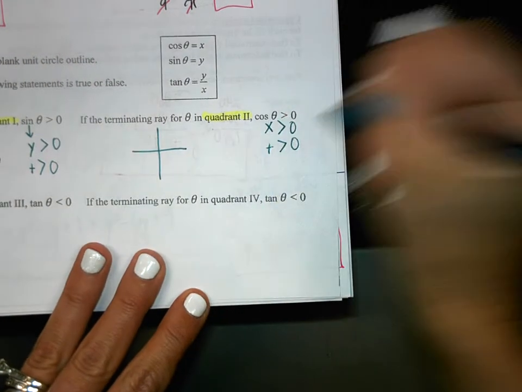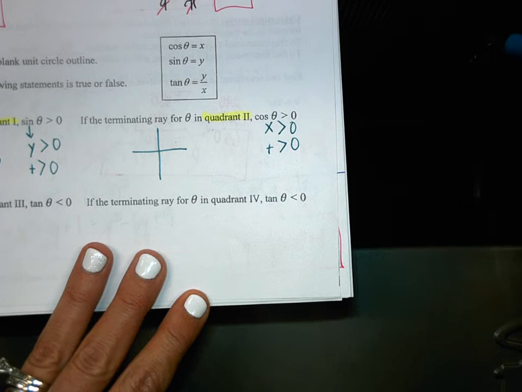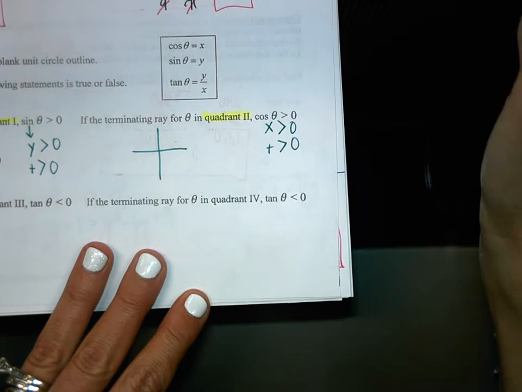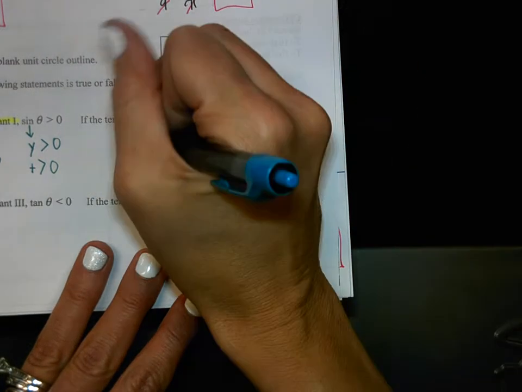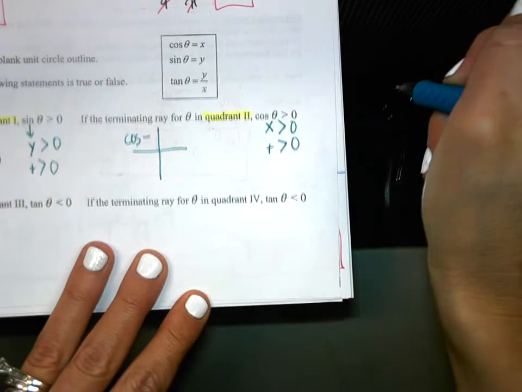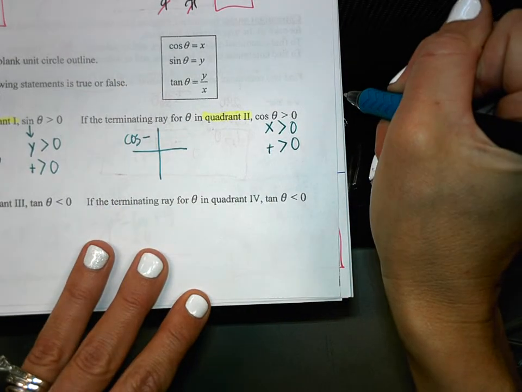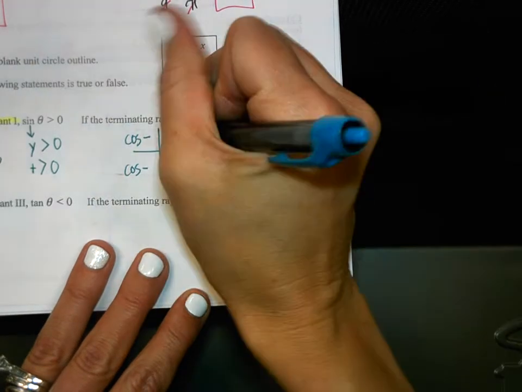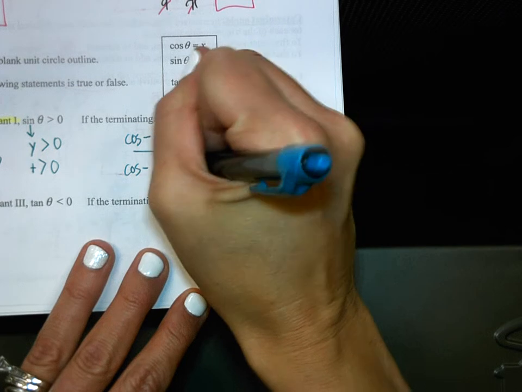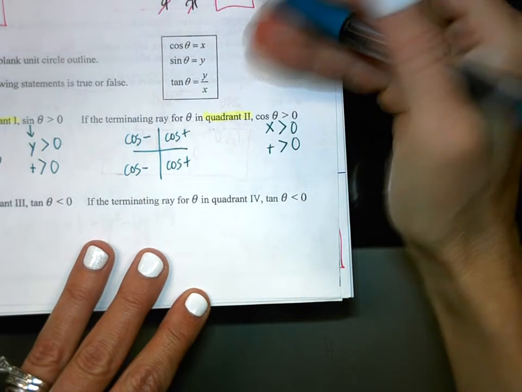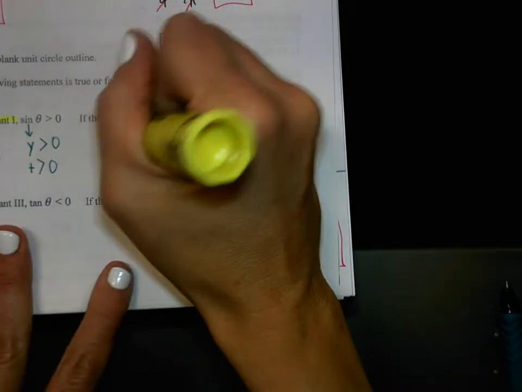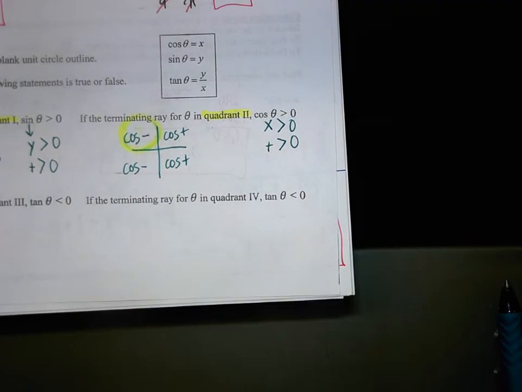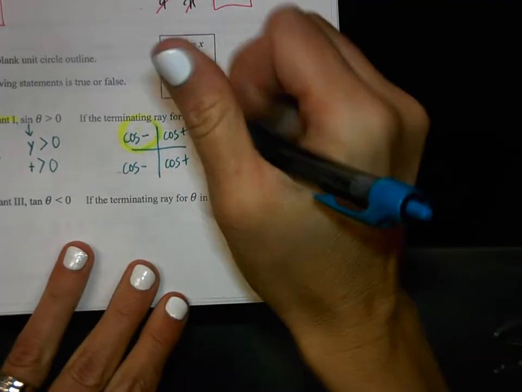Okay, so in quadrant 2, is cosine positive or negative? Negative. Very good. Cosine is negative here. Where else is cosine negative? Quadrant 3. And where is cosine positive? Very good. And so in this case, if we are looking at quadrant 2, is this a true or false statement? False is correct.